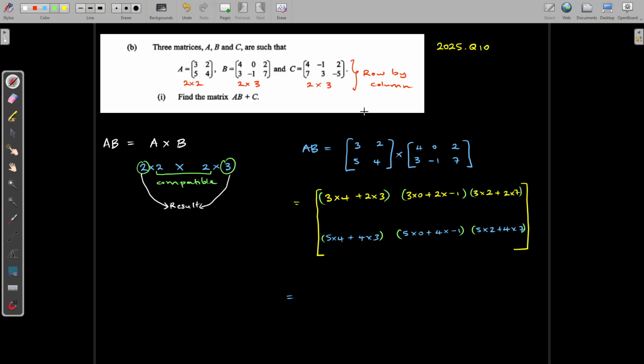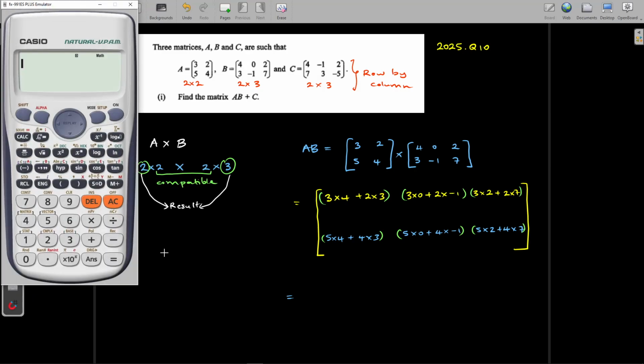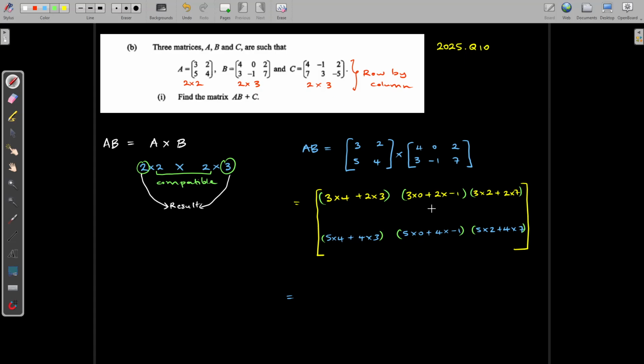Alright, so 3 times 4 plus 2 times 3. Now if you can't mentally do this, don't be ashamed to use your calculator. So that's 18. If you mentally can't do this, just use the calculator.